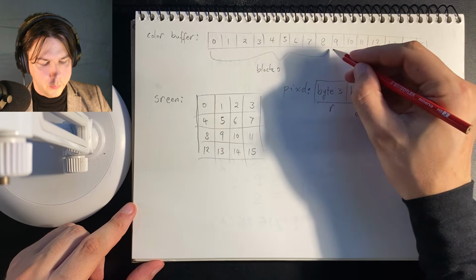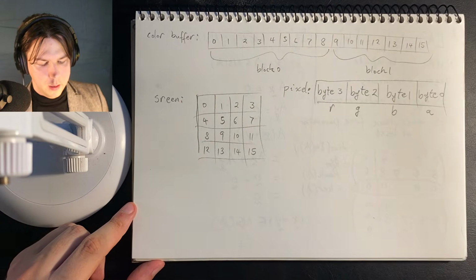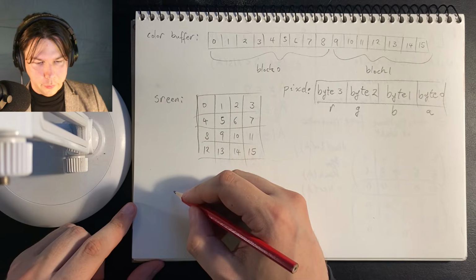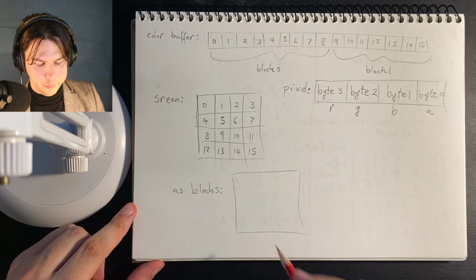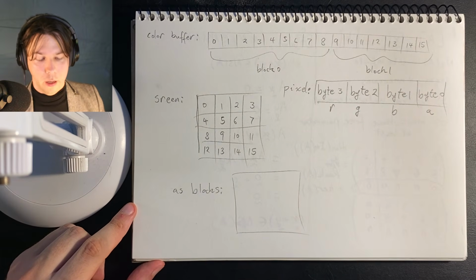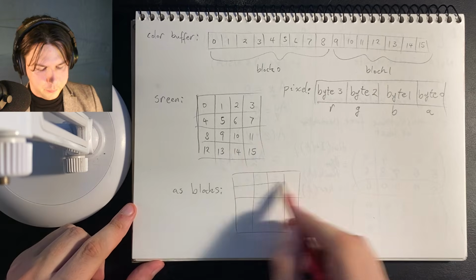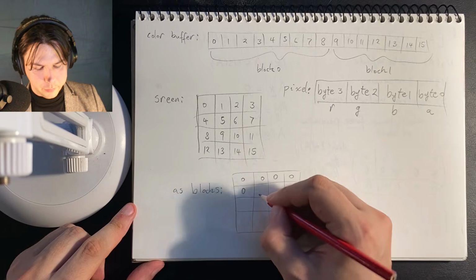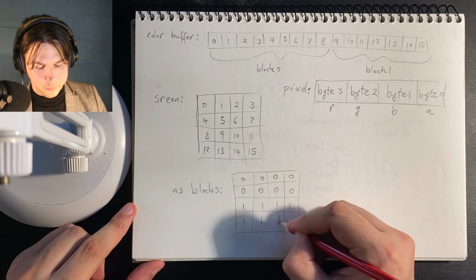So this will be block 0, this will be block 1, and now previously we were using 15 operations to set every pixel on the screen, but what we can do is interpret the color buffer as not an array of 32-bit integers, but an array of these blocks, in which case when I set block 0, I'm setting all of these 8 pixels at once, and when I set block 1, I'm setting all of these 8 pixels at once.